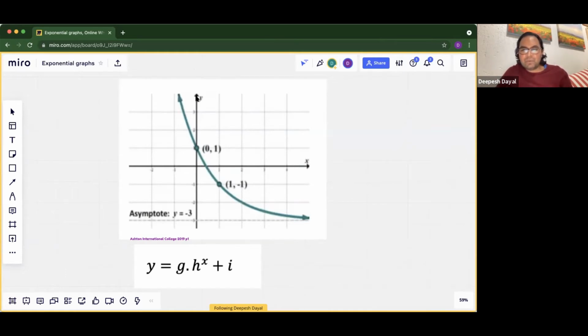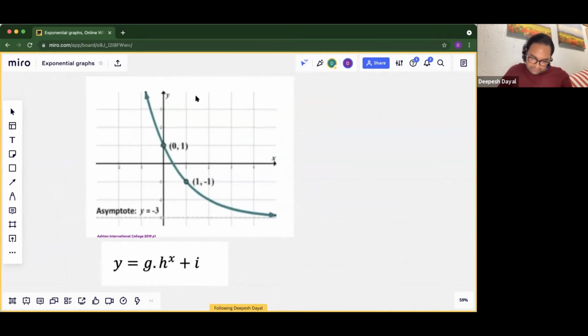What do we call that word? Anybody has a word for what the I represents? Who's got that important word?